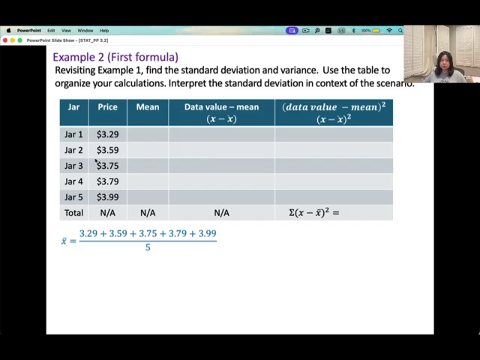Sample mean equals add it all up, divided by 5, because I have 5 data here. Use your calculator. You're gonna get $3.68. Okay, that will be the mean. So let's write down the mean on the table.